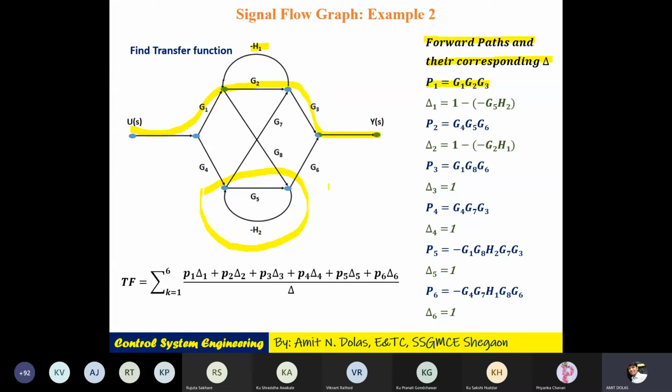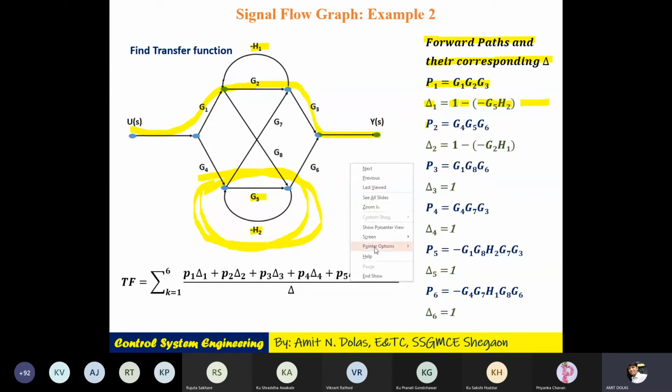So how is its delta found? Delta 1 will be 1 minus, same formula, 1 minus the individual loops which are not touching, that will be minus G5 H2. The non-touching loop term does not appear here. Since we took only one piece, that formula does not come. Only one loop is not touching the forward path.